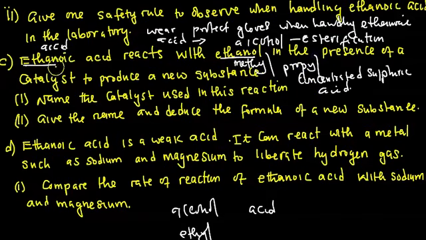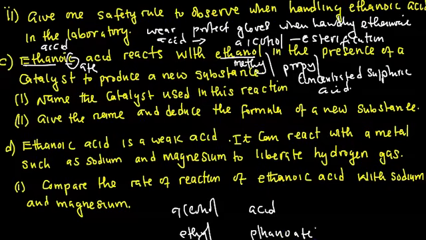Then for the acid, the -oic is removed and -ate is added. So it becomes ethanoate. If it was methanoic acid, it would be methanoate.